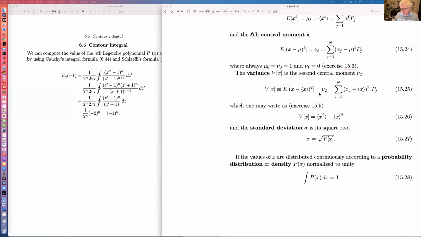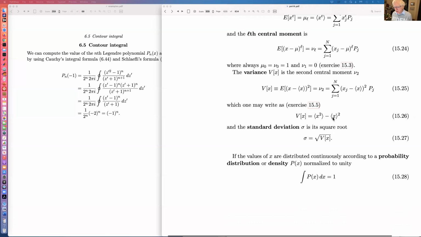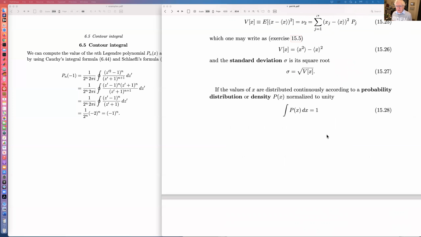And variance is something that occurs a lot in quantum mechanics, namely that it's the average value of x minus the average value of x, squared. So it's xj minus the average value of x, squared, times pj summed over j. If you sum that out, there's a delightful cancellation, and you just get that the variance is the average value of x squared minus the square of the average value of x. And the standard deviation is defined as the square root of the variance.